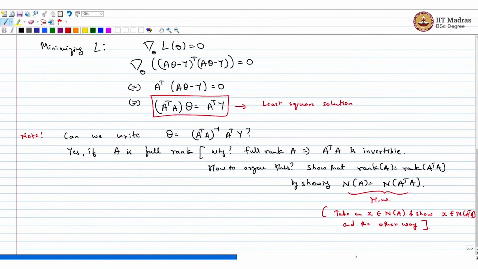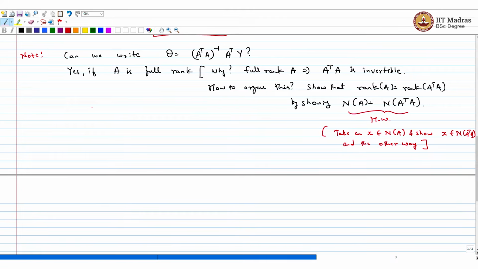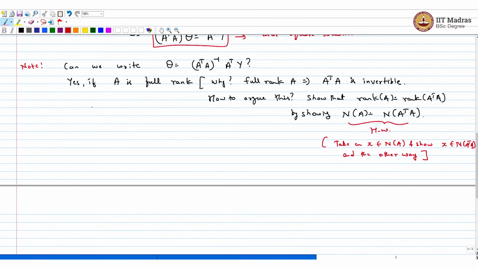So, if you show these both, then you can claim that these two null spaces are the same. So, you can argue that they are of the same rank. Okay. So, if A is full rank, I can write this least squares regression solution in a certain way.